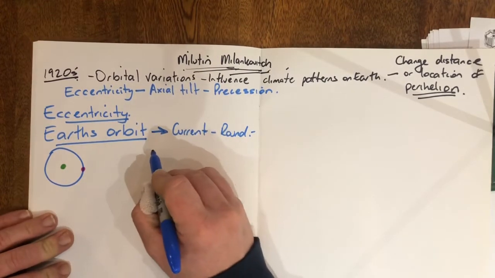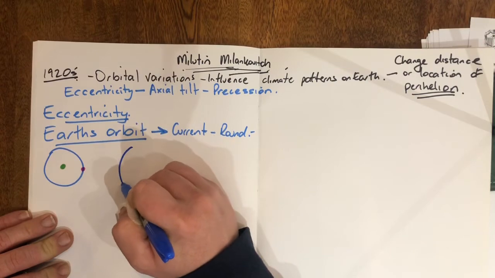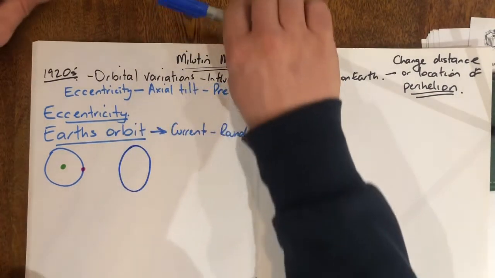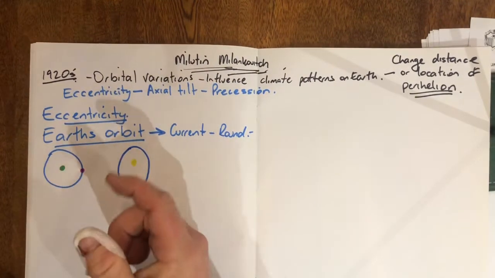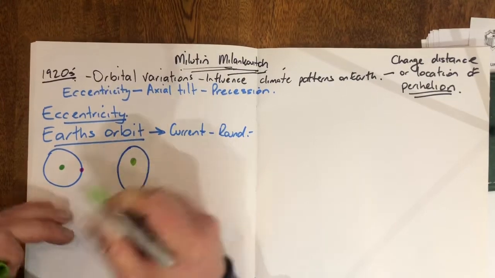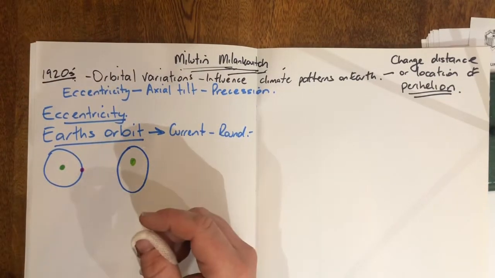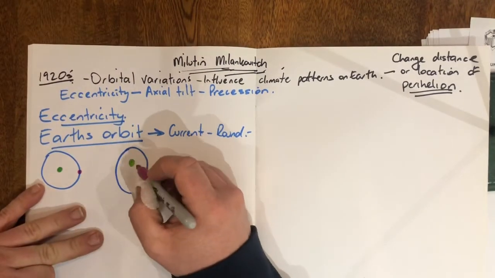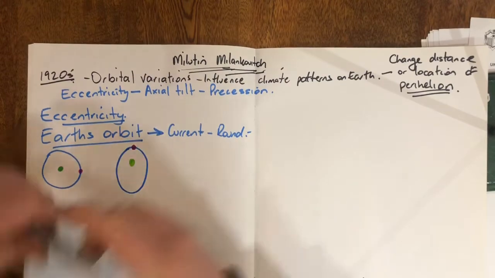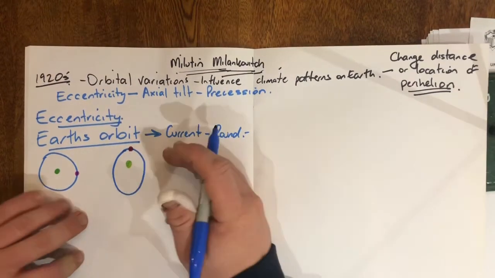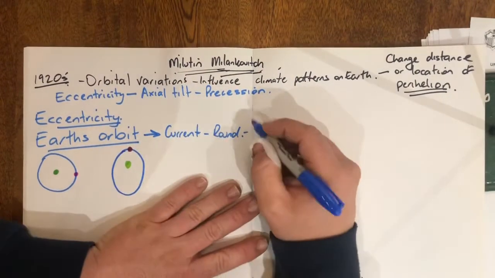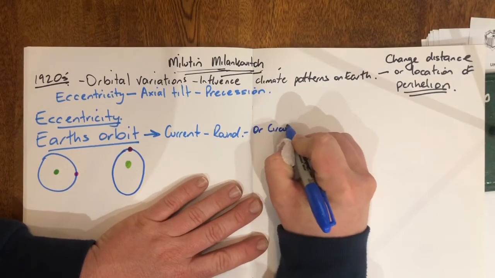However, if we change this orbit to an elliptical orbit, then some parts of the Earth are going to receive a lot more heat than the others. All right, so currently a round or circular orbit.